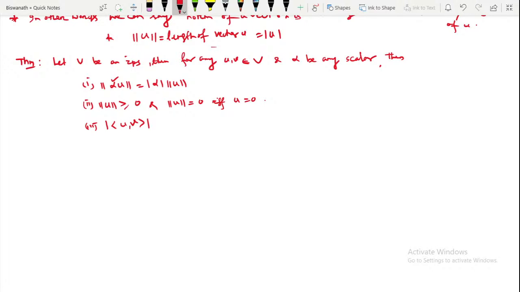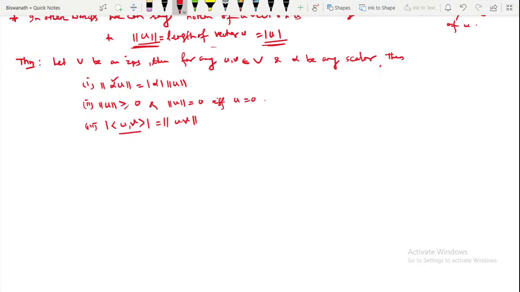Modulus means norm. Since u is a vector, the norm of u is nothing but the length of u.